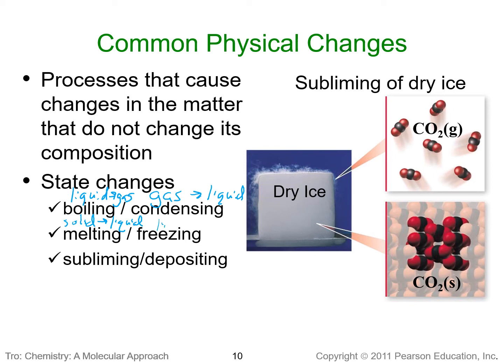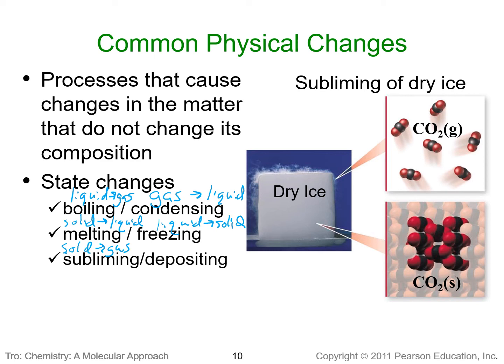Freezing, we go the other way, liquid to solid. All right, subliming is one that we don't frequently see. Subliming is when we go from a solid to a gas directly without the liquid state in between.